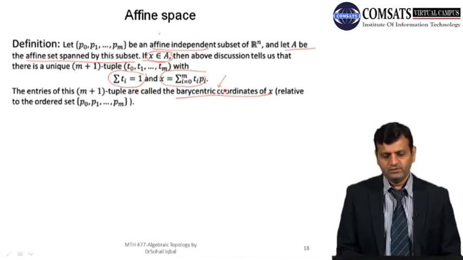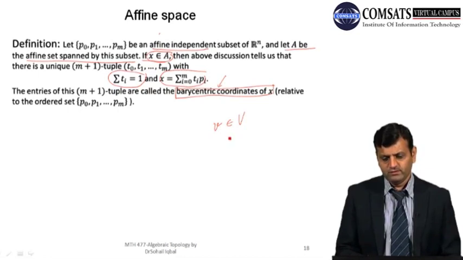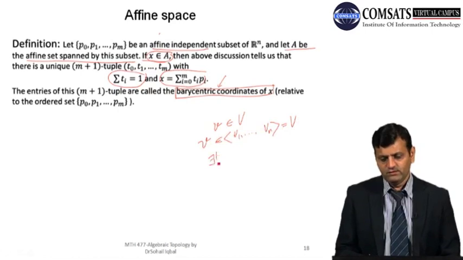It has some very geometrical meaning, but we are not going into the details of these barycentric coordinates because this is irrelevant to our further discussion. But the point is, similar to vector spaces, if I have a vector v belonging to a vector space with some basis v1 up to vn, then there exist unique a1 up to an such that v is equal to a1 v1 plus up to an vn.